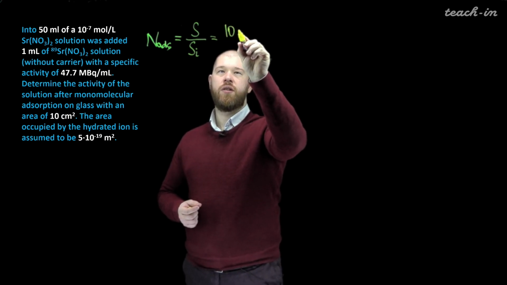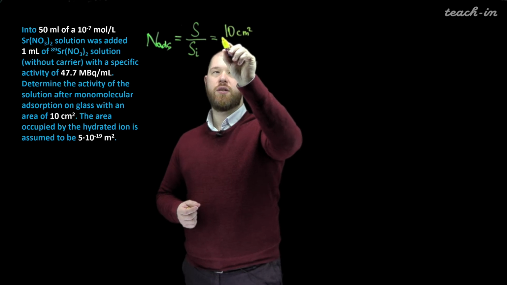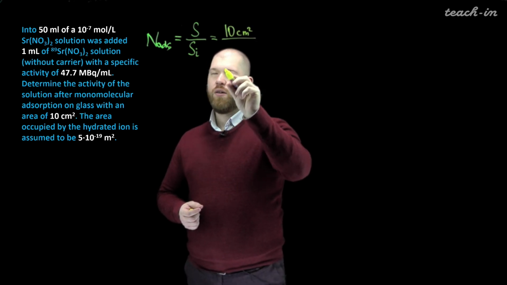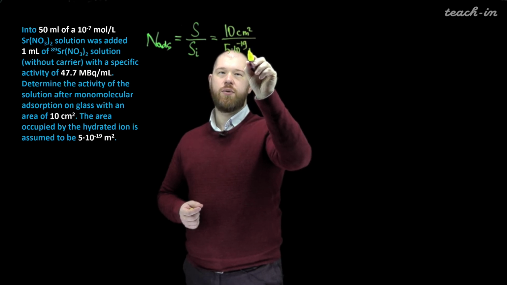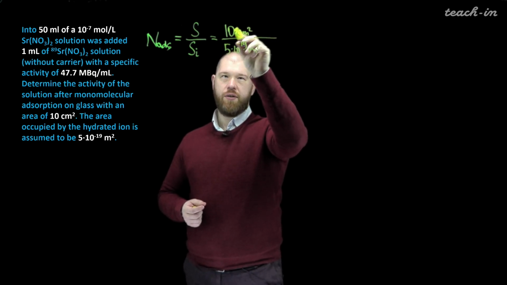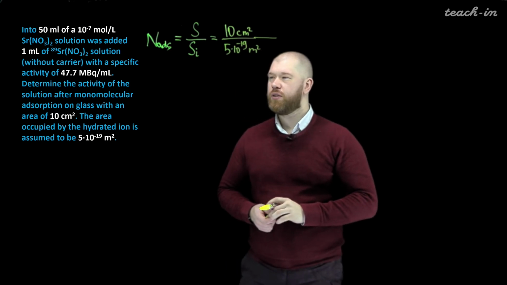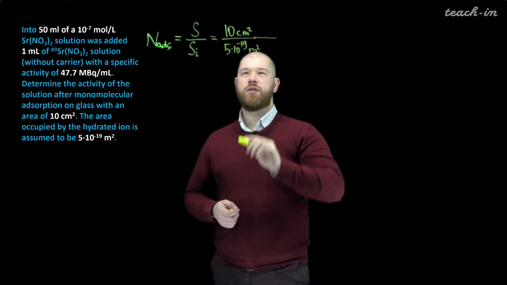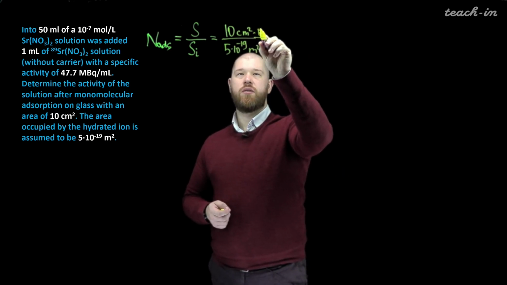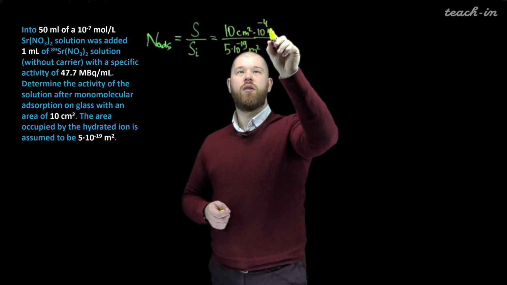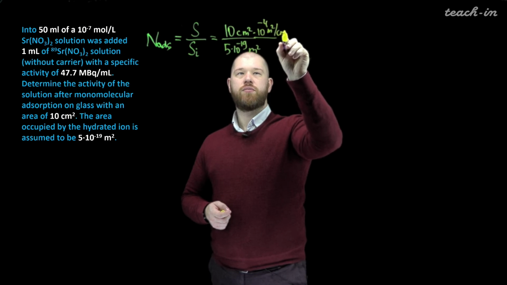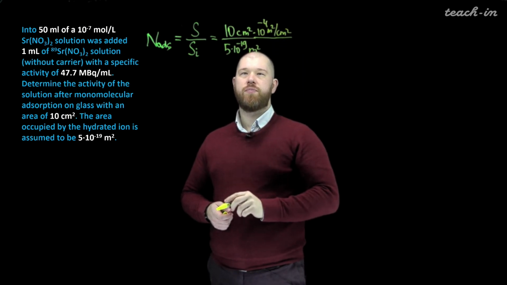We have 10 squared centimeters, and we have 5 times 10 to minus 19 squared meters, and we have to convert one to the other. So 1 squared centimeter is 10 to minus 4 squared meters.